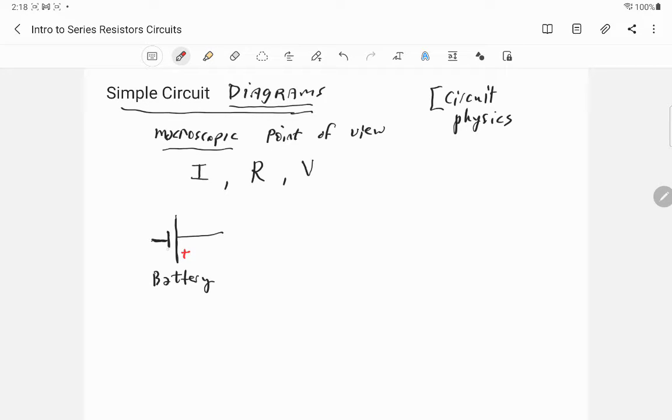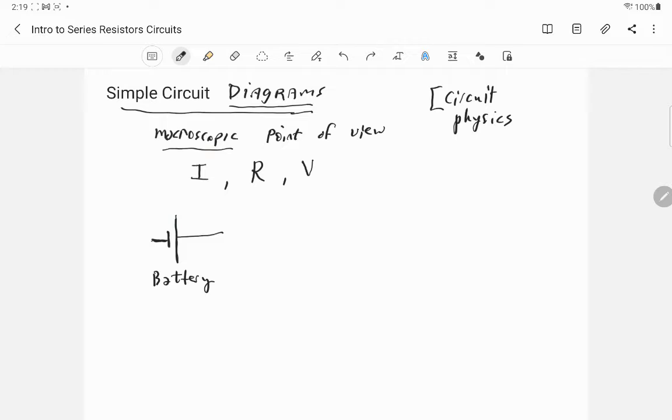And the short plate is the negative. So what that means, what you should assume, is that this is the high potential side of the battery, and this is the low. So you're supposed to assume those things. And now I'm going to take away all those things that you're supposed to automatically assume and just leave behind the battery, right? So you know which side of the battery is the higher potential side.